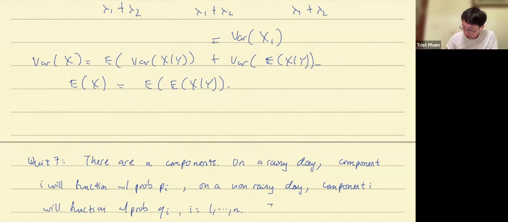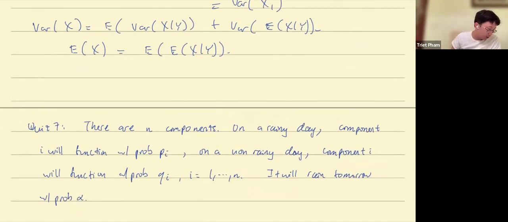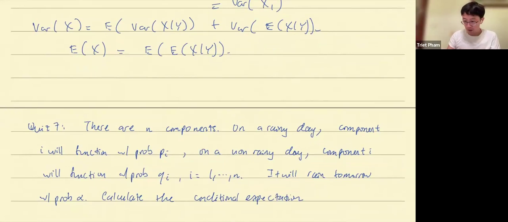It will rain tomorrow with probability alpha. Calculate the conditional expectation of the number of, well, you know what?